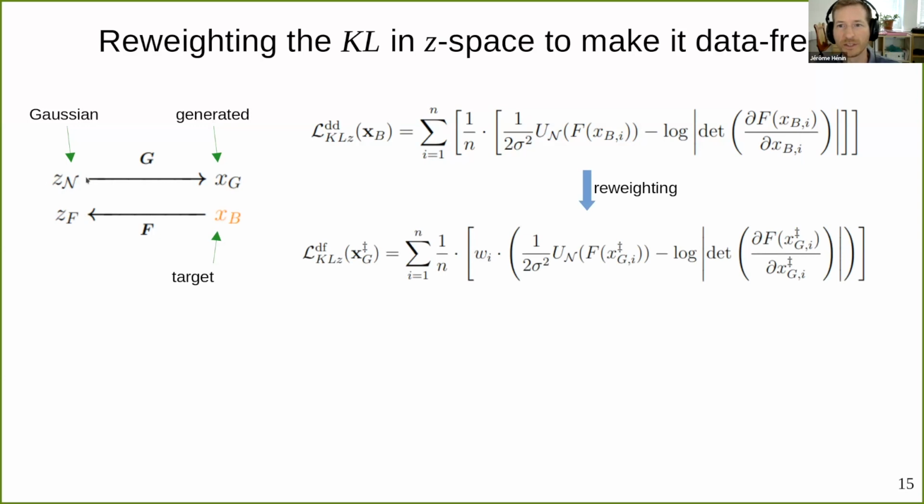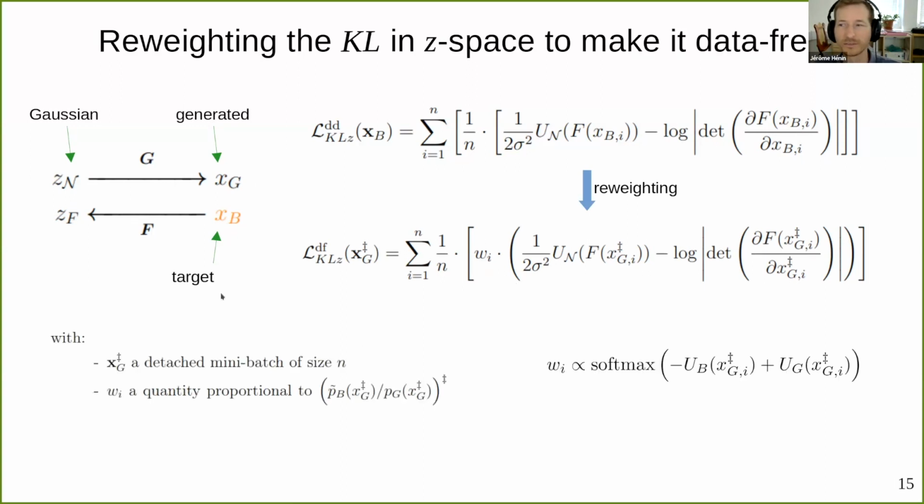in Z space, and instead of inputting data from simulation, so data that is expected to be Boltzmann distributed, you can input points that have already gone through the generator. So you generate Gaussian samples, input them to the generator. There you detach them, reweight them to get a discretization of Boltzmann, and then go back through F and compute the loss there.